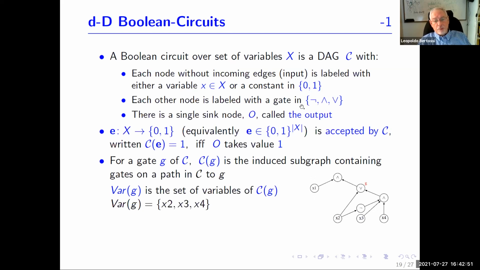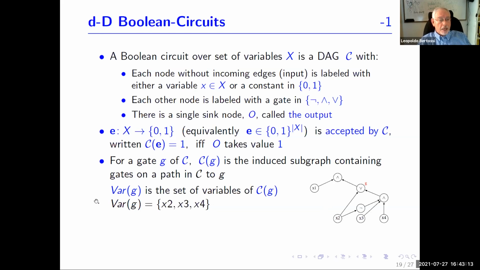Each other node is labeled with a gate: a negation, conjunction or disjunction. There is a single sink node from which we read the classification, the label, the output. And then an entity is accepted by a classifier when we get the value 1, assigning values to these variables according to E.